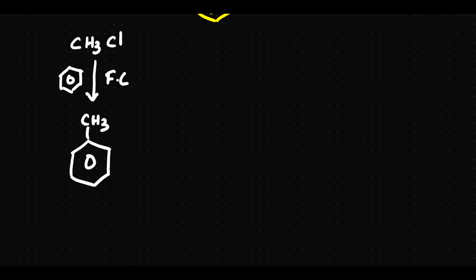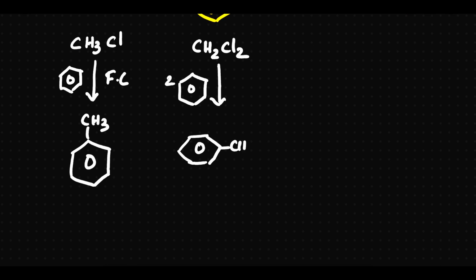What if the alkyl halide contains more than one equally reactive carbon-halogen center? For example, dichloromethane will react with two benzene to form diphenylmethane.